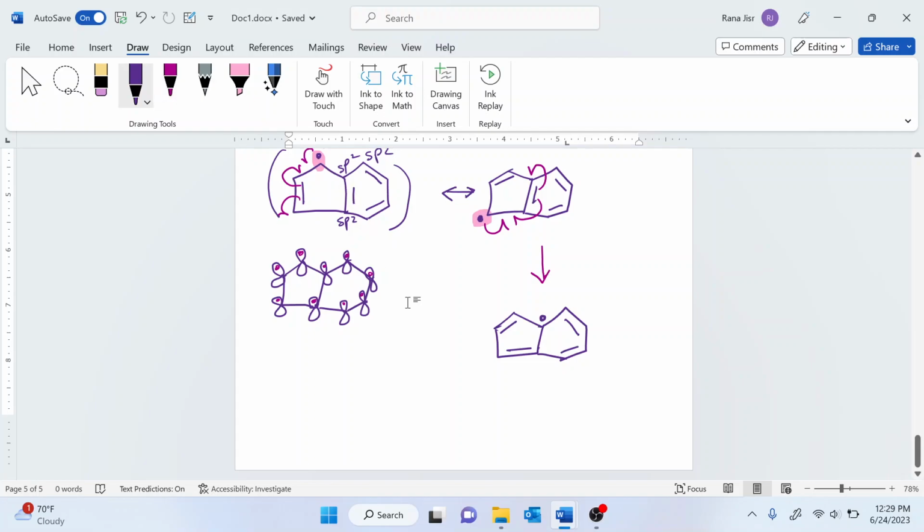Now you moved your free radical to this carbon over here, so we're done with this cycle. We cannot have the free radical on any other carbon. We started with the free radical here, now it is here, and now it is there. We're done.